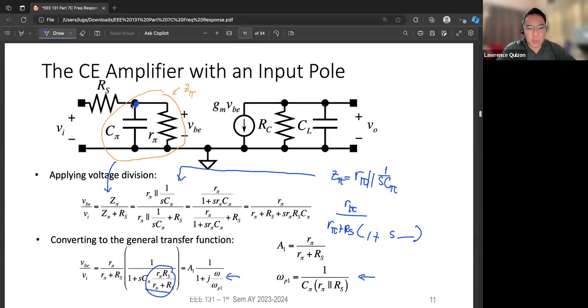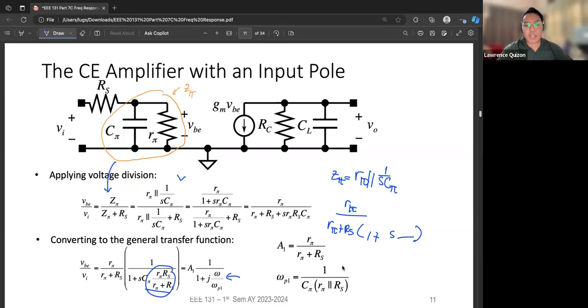And to me, an intuitive way of interpreting the appearance of this pole is that this is the input of your BJT amplifier, and looking into all sides, it finds C pi, RS, and R pi, and R pi is parallel to RS if you look from that side of the circuit, no?